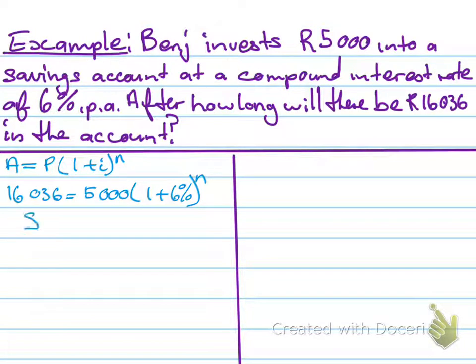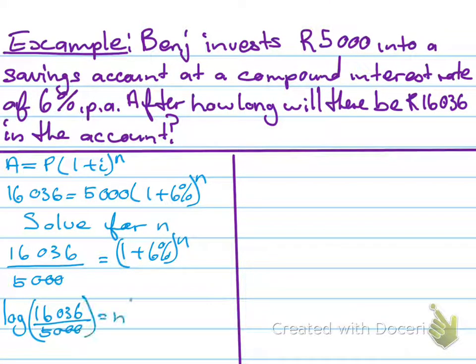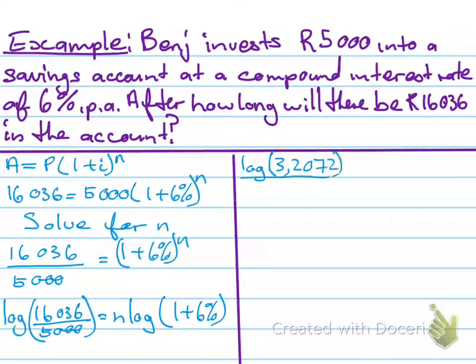So we solve for n, which is the period of investment. We divide both sides by 5,000, and then apply the laws of logarithms, which will be n equals log of the fraction, divided by log of 1 plus 6%.